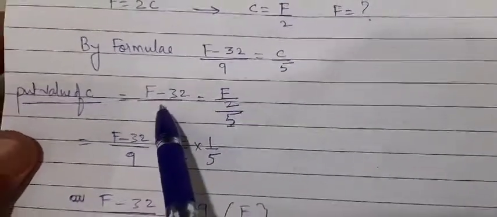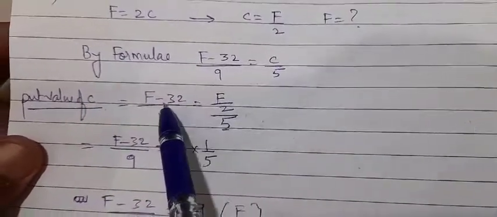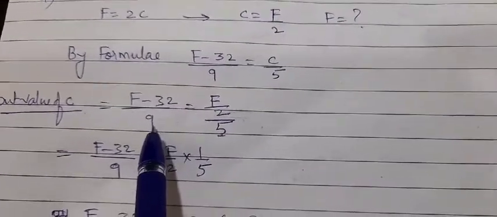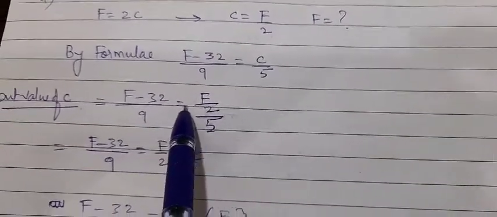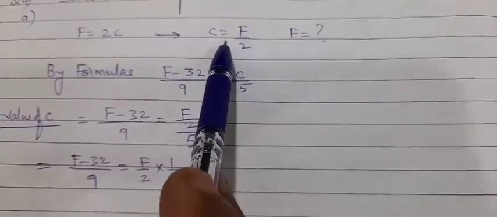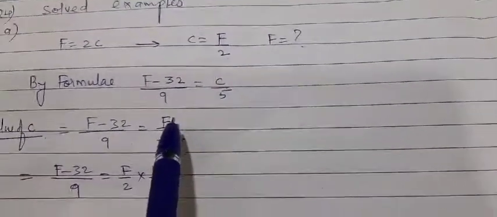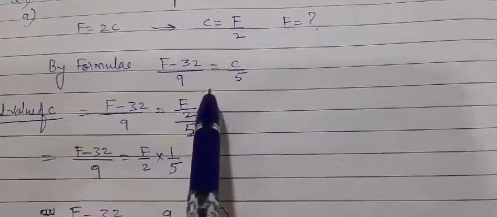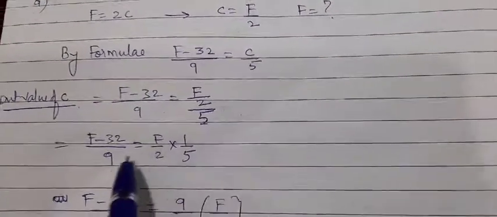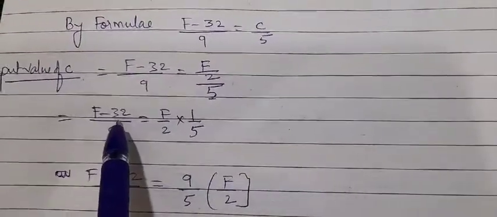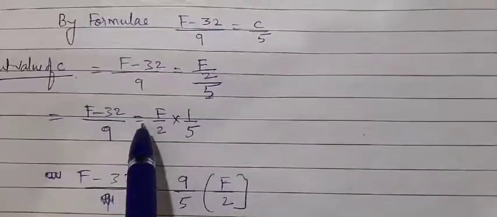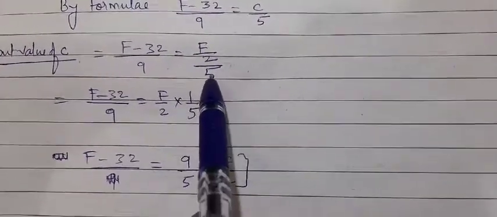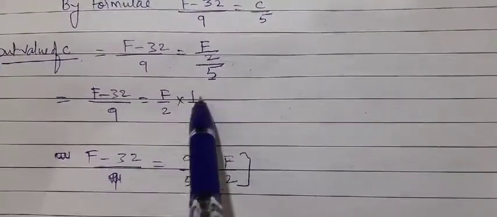Now what is the value of C? We have taken C is equal to F upon 2. So (F minus 32) upon 9 is equal to F upon 2 into 5, which I will write as 1 upon 5.